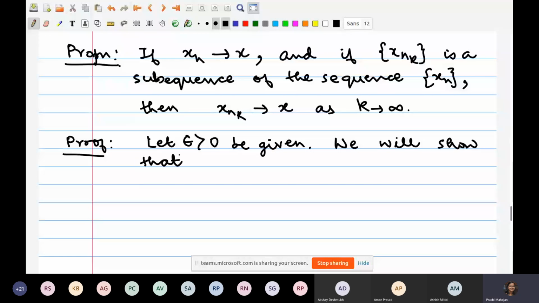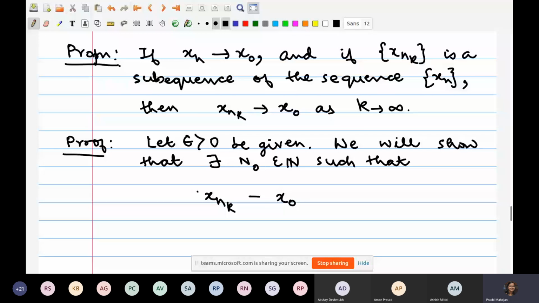corresponding to this epsilon, there exists a positive integer, let me call it n0, in the set of natural numbers, such that all the terms of the subsequence xnk live in, well, there's no x0 here, I'll just quickly make this as x0. Yeah, so this limit I'm denoting as x0.